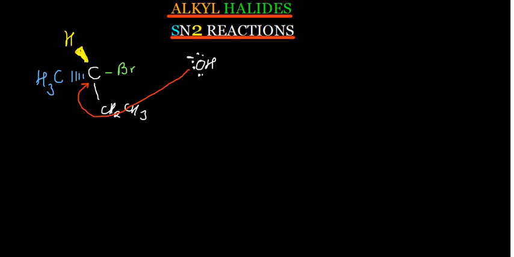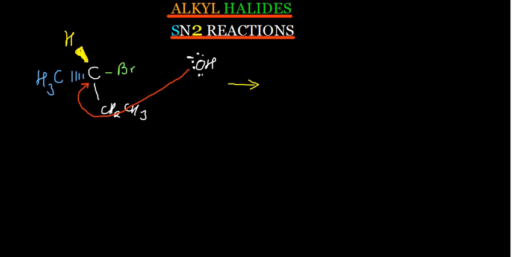Okay, so what is going to happen when that happens is that you are going to have a transition state, a state when the reaction is not fully complete. Now this compound that you are able to see here, what would be the name? Let's number this.